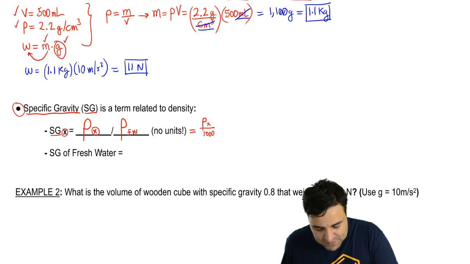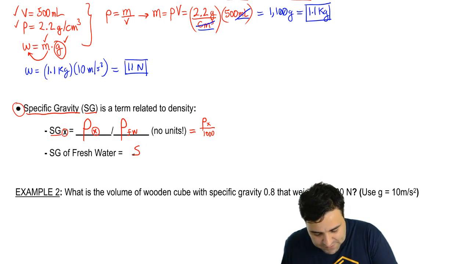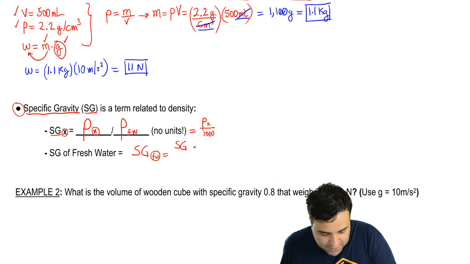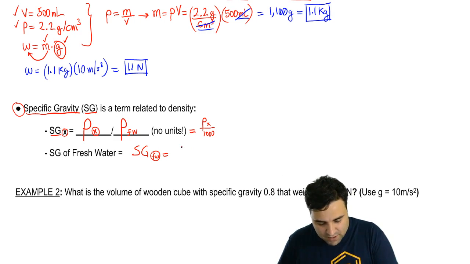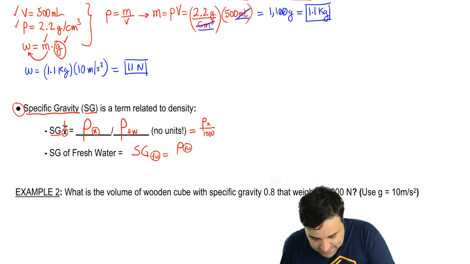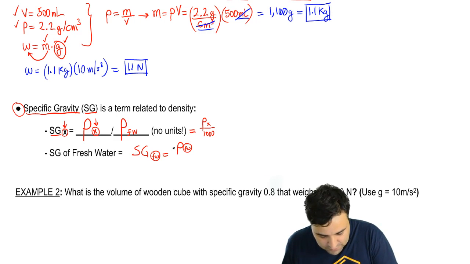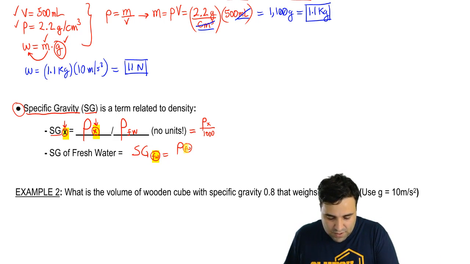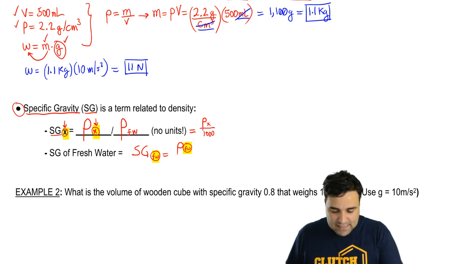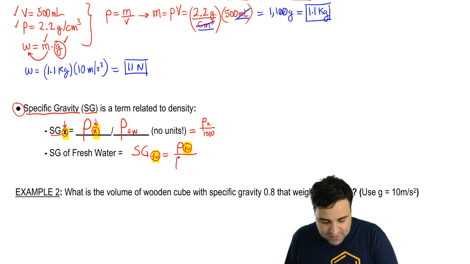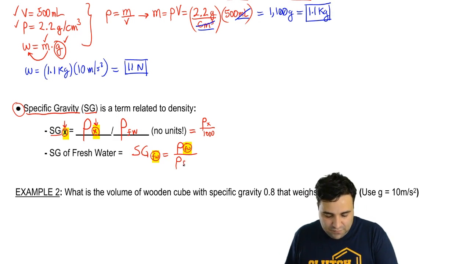So for example, what is the specific gravity of fresh water? Well, the specific gravity of fresh water is the density of fresh water, because this goes on the top, divided by the bottom, which by the definition of the equation is always a fixed number, the density of fresh water.